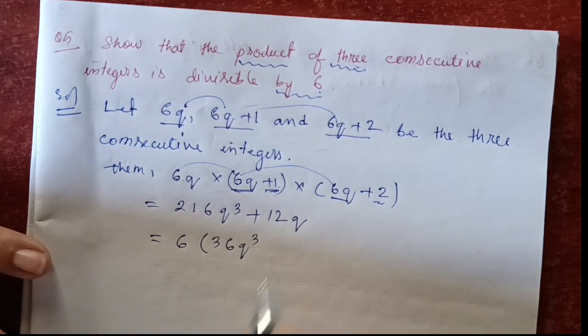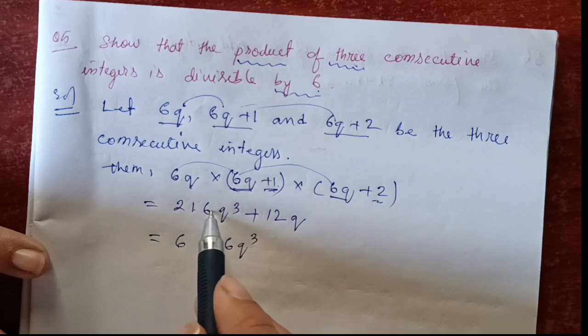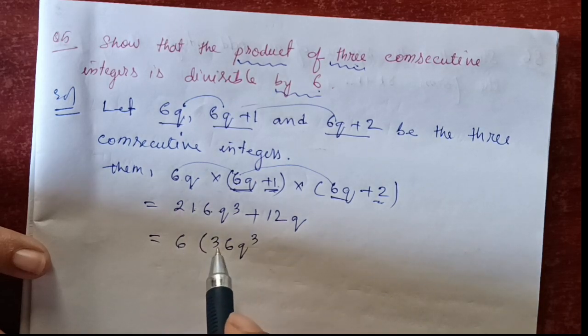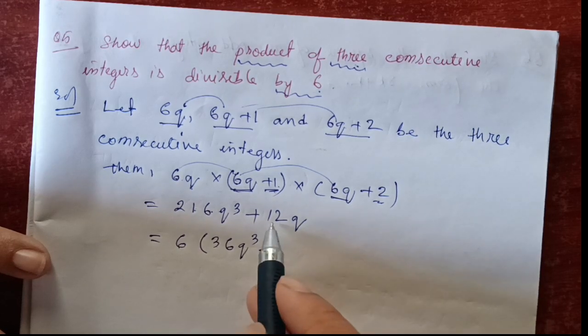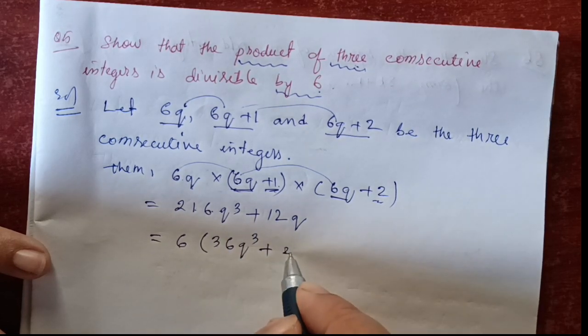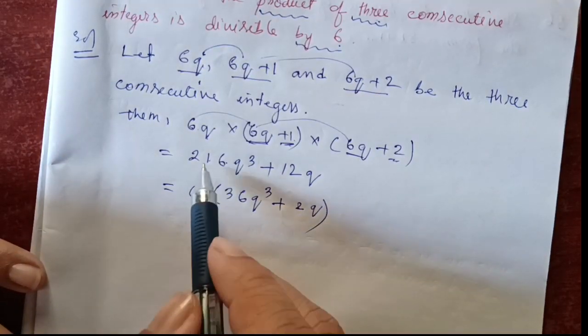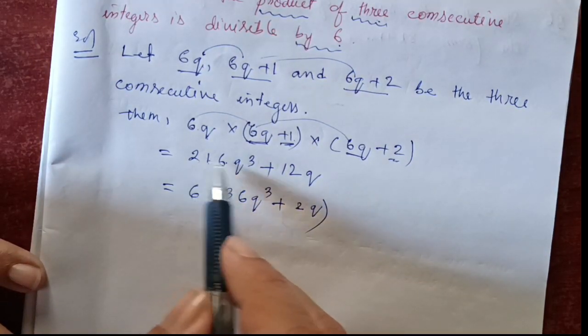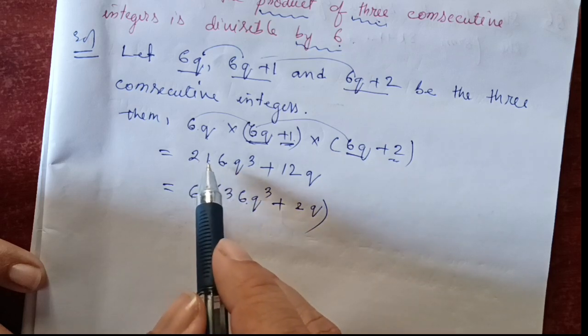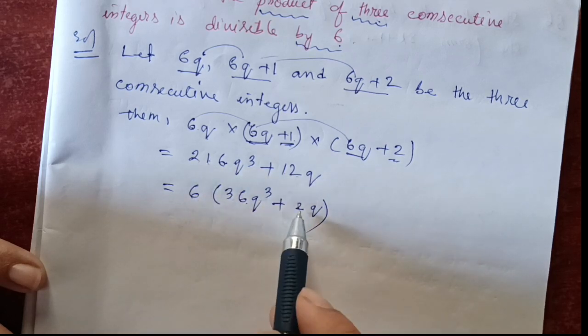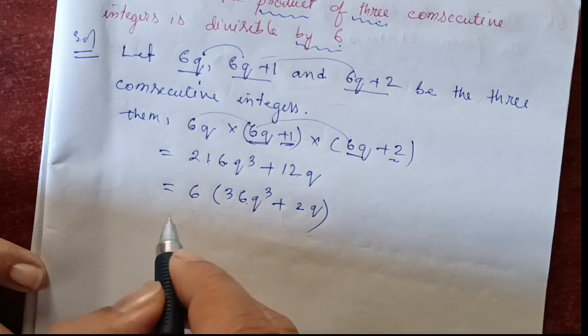Let's check yourself. Clear, right? What about this 12? 6 2s are 12. When you divide 216 by 6, you get 36. When you divide 12 by 6, you get 2. So we are writing the answer here.